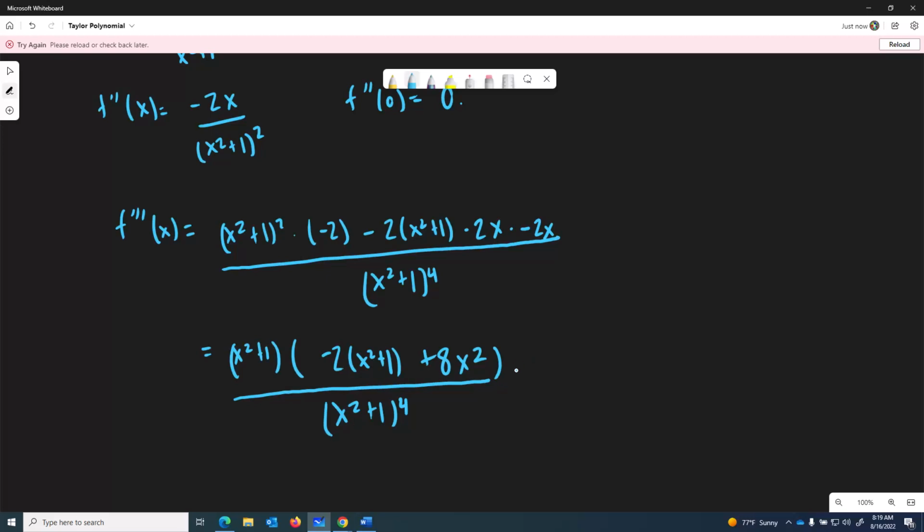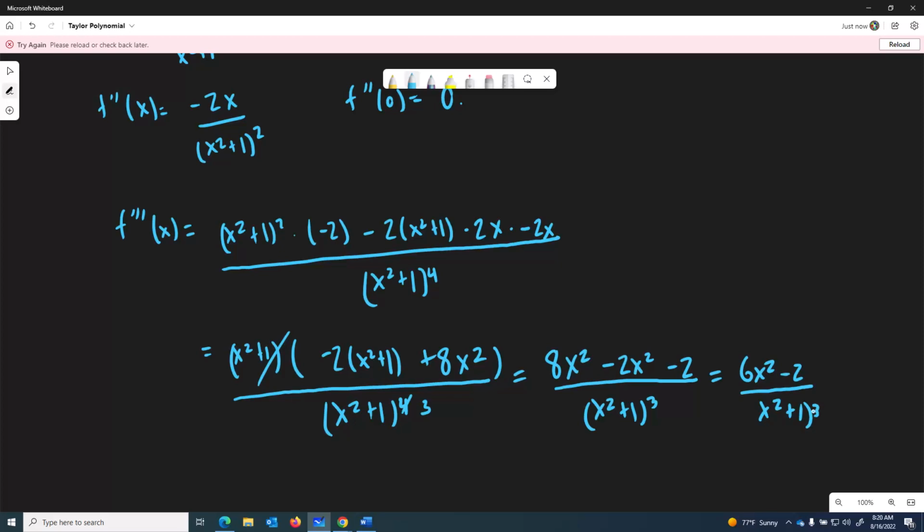But when we simplify a little, one of the factors of x squared plus 1 will cancel out, leaving a third power, so we end up with 8x squared minus 2x squared, and then minus 2, all divided by x squared plus 1 to the third power. Simplifying a little further, that's going to be 6x squared minus 2 divided by x squared plus 1 to the third power.